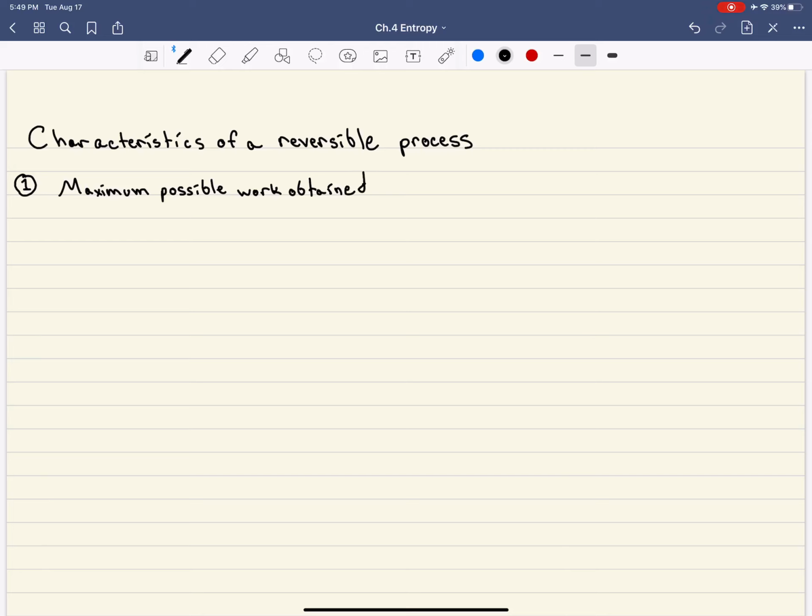Right? And so like we saw in that pressure versus volume diagram, in that forward process, you want the process in which the entire area underneath the PV curve is taken up. Okay?